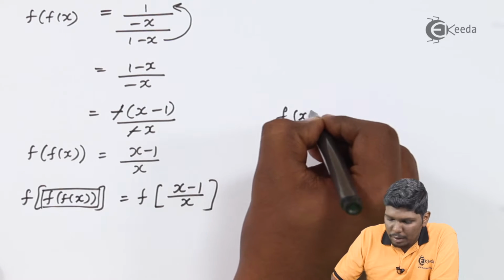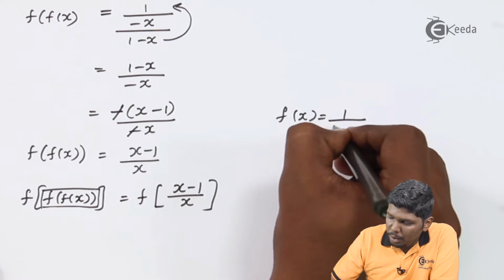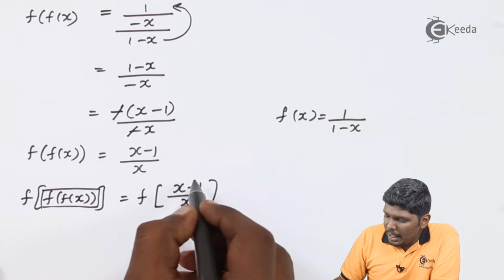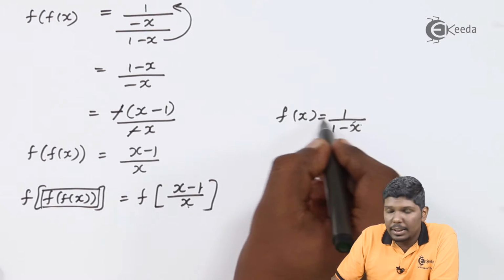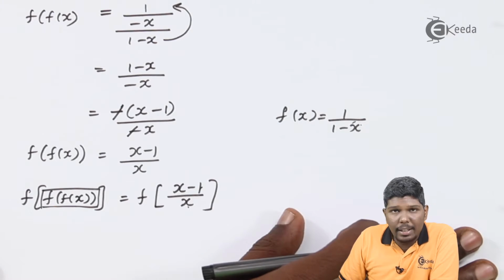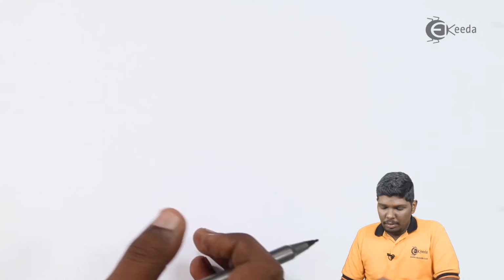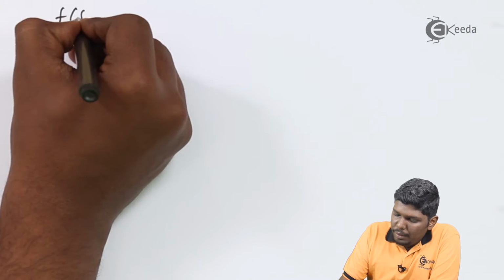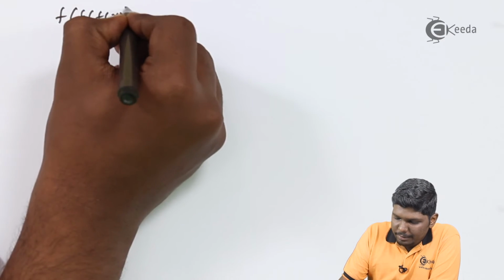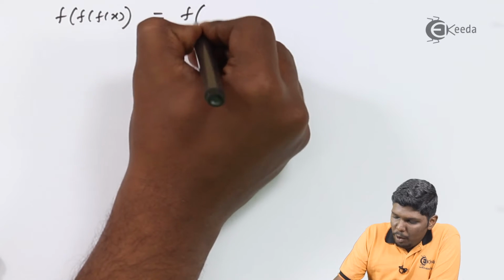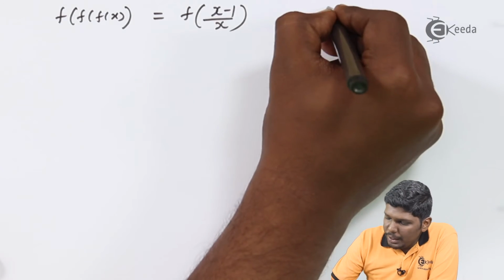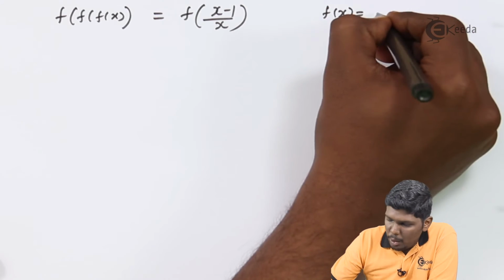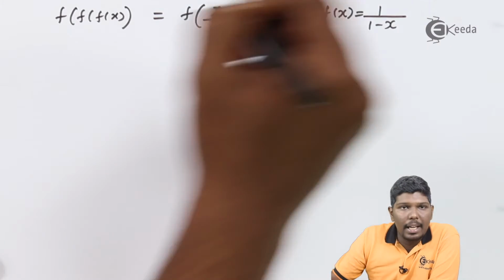We have f(x). What is f(x)? It is 1 upon 1 minus x. Just substitute x as x minus 1 upon x in the function f(x). So let us start. f(f(f(x))) was f of x minus 1 upon x, and our original function f(x) was 1 upon 1 minus x.